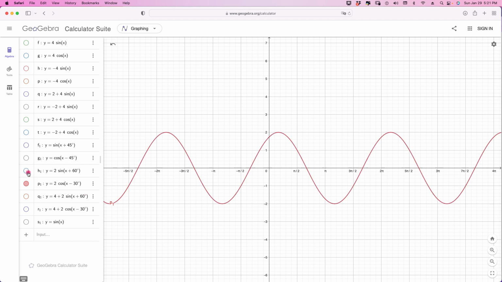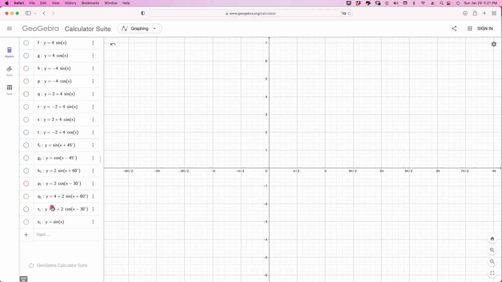So let's look at one where we have a translation up 4 spaces. Our midline is at 4. And then we have a backward shift to negative 60 degrees of our crossing the midline. And this is going to be the sine function of 4 with an amplitude of 2 back 60 degrees for the crossing of the midline of the axis.